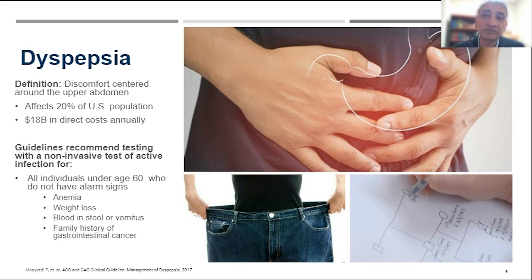If these risk factors are present, then endoscopy should be pursued. Similarly, if symptoms occur in individuals who are older than age 60, endoscopy should be pursued. But if you look at people who are evaluated for dyspepsia, the overwhelming majority tend to be individuals who are younger than age 60 and who do not have alarm signs. So for most people with dyspepsia, the first test would be a non-invasive test of active infection.